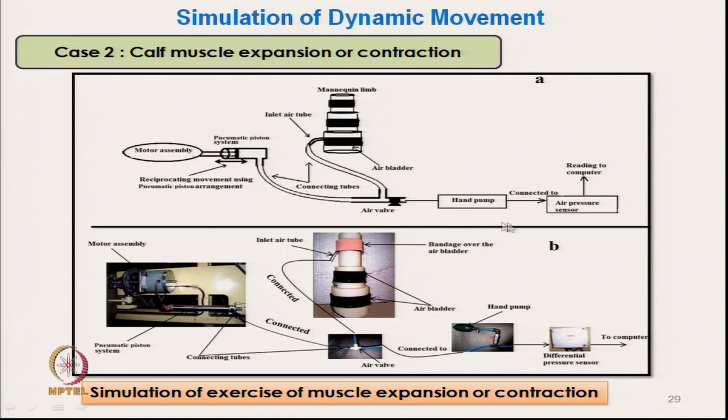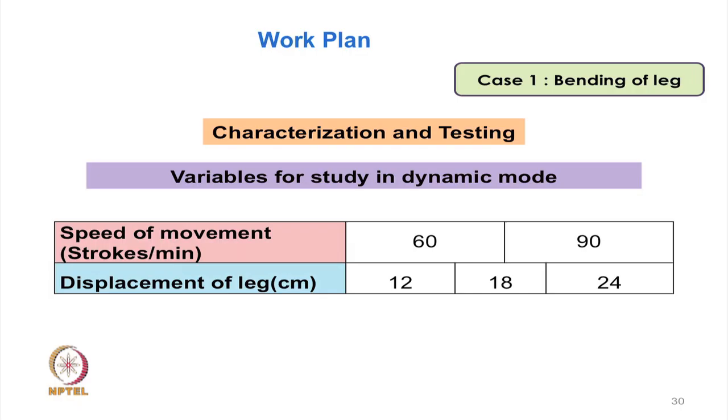So, the initial pressure is recorded by the pressure sensor, and after the bandage is wrapped, the pressure sensor records the pressure again, and the difference is the effective pressure by the compression bandage.